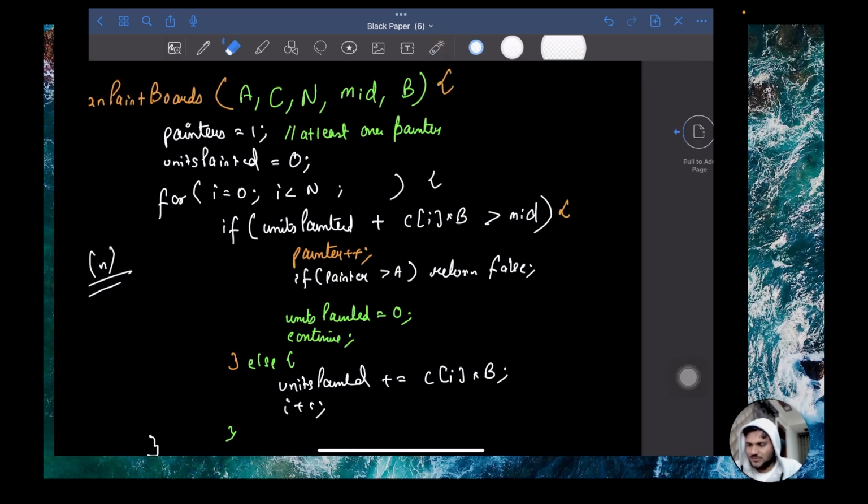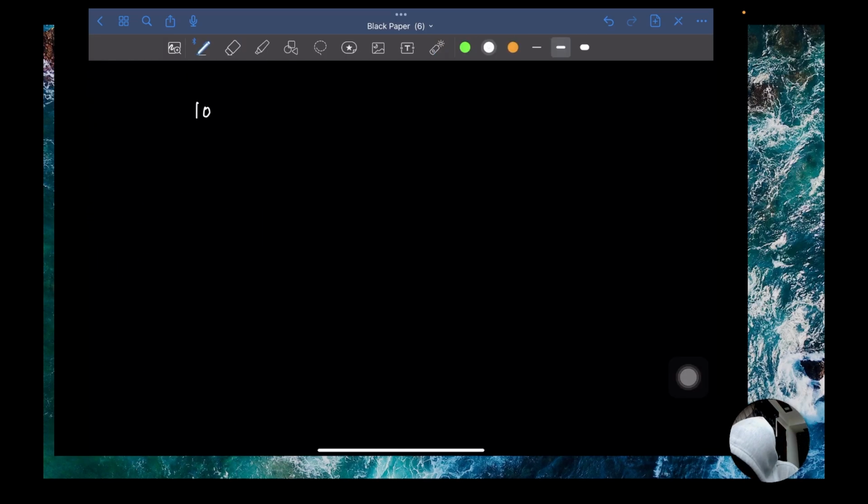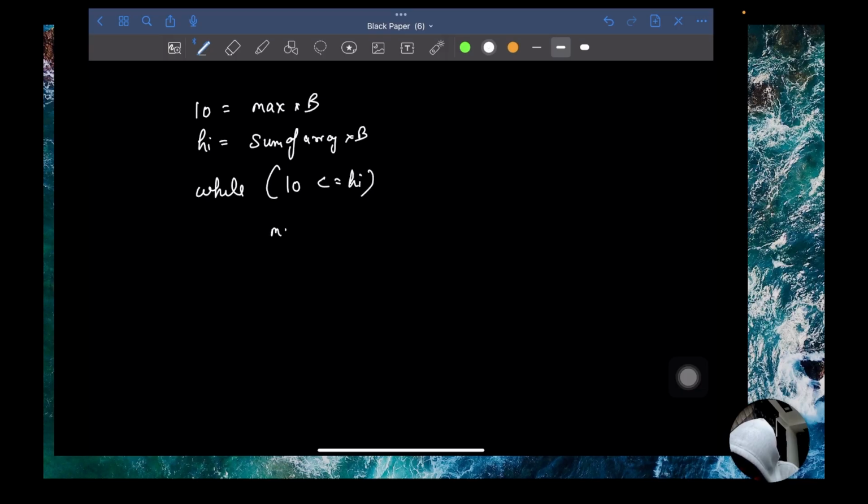And the other part is going to be just your binary search. You will say low is equal to max into B, high is equal to, somehow you will get the sum of the array into B. You will say while low less than or equal to high, you will calculate mid, low plus high minus low by 2.